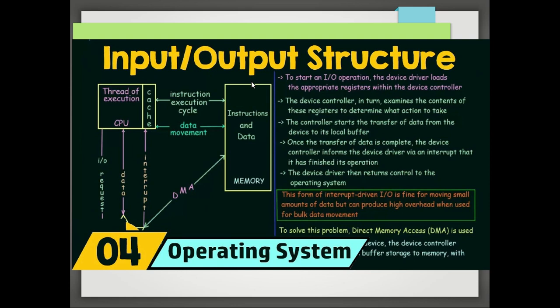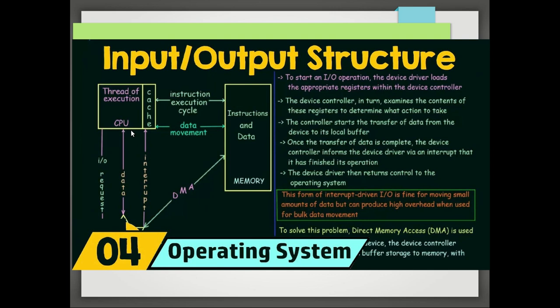So typically to start the input output operation, the device driver loads the appropriate registers in the device controller. The device controller in turn examines the content of these registers to determine what actions to take. Okay, so it will check what I need to do. Then the controller starts the transfer of data from the device to its local buffer.